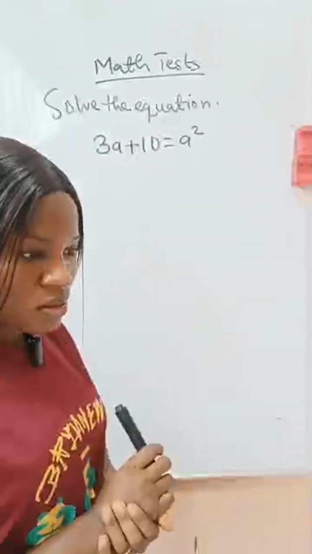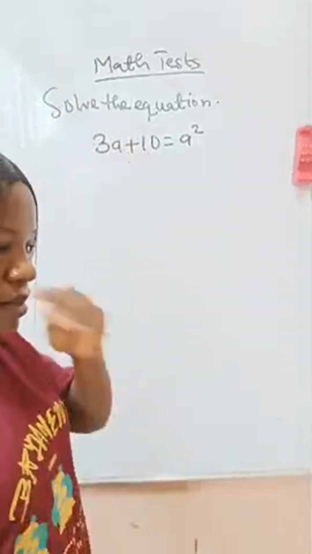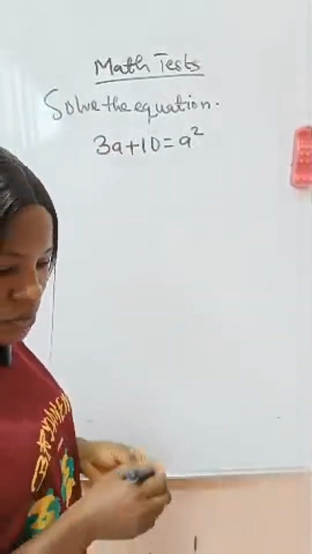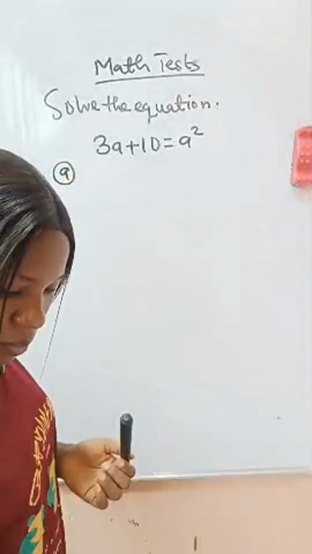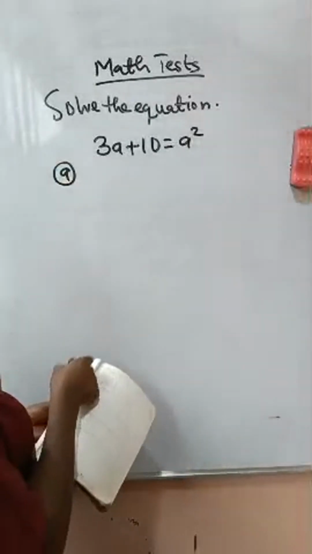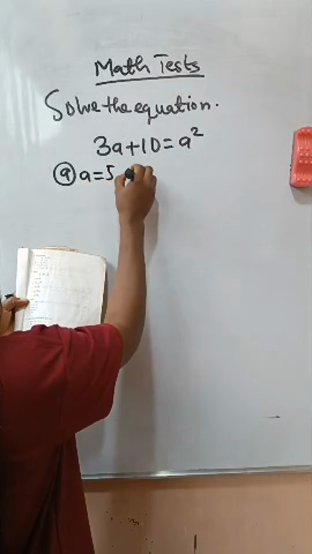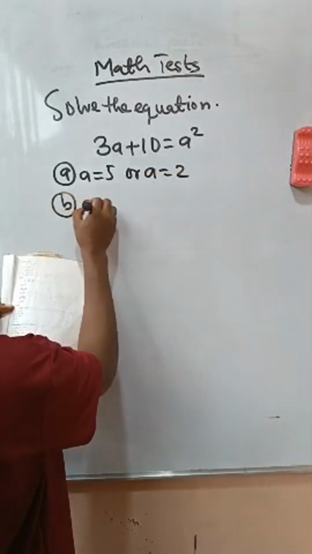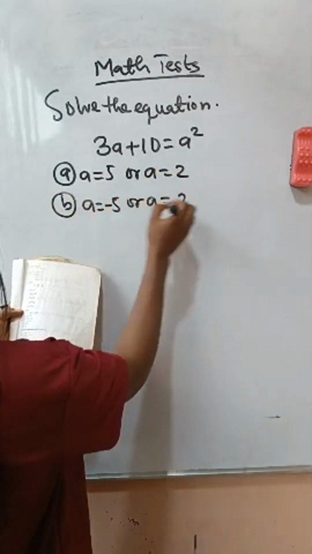Okay, let's continue. All right, someone says the answer A is equal to 5. There are supposed to be 2 values of A. So let's drop the options. Option A, A equals 5 or A equals 2. Option B, A equals minus 5 or A equals 2.